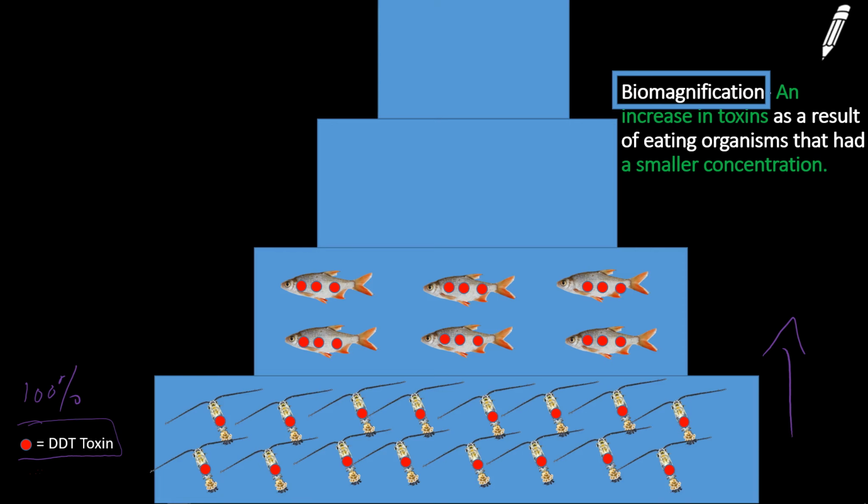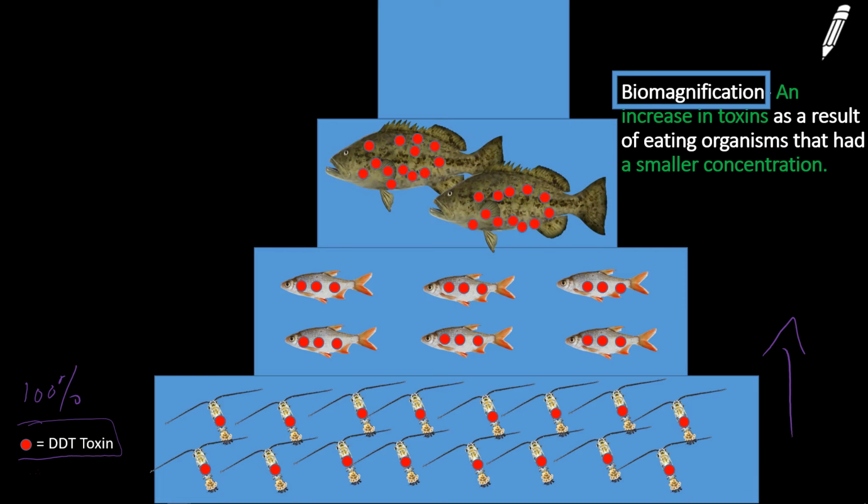Well, these smaller fish get eaten by larger fish, and those larger fish are going to accumulate, or that concentration of DDT is going to biomagnify upward. So they're going to have even more concentration of DDT. And finally, the tertiary consumer, in this case the eagle, would swoop down and eat these fish. The eagle accumulated lots and lots of DDT.